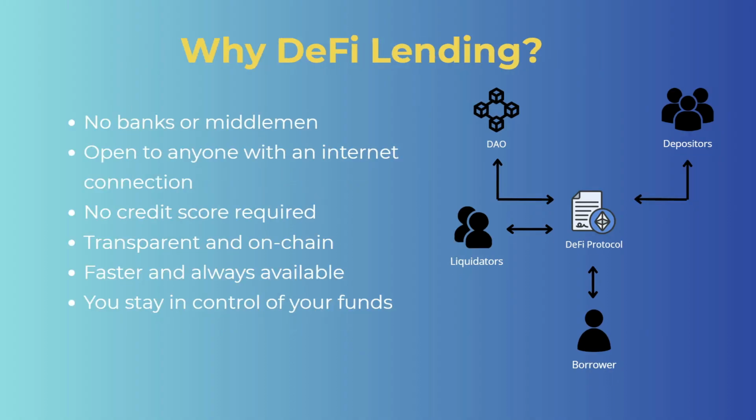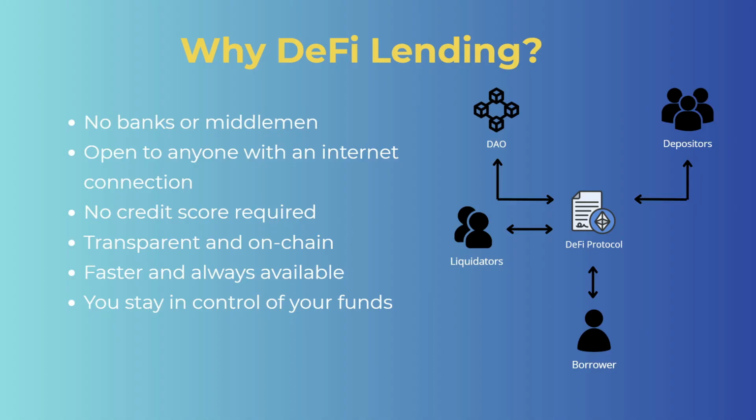So why do we want DeFi lending as opposed to traditional lending? Because we don't want banks or middlemen that approve our loans. We want this process of lending and borrowing money to be open to anyone, just with an internet connection. There must be no credit score required.